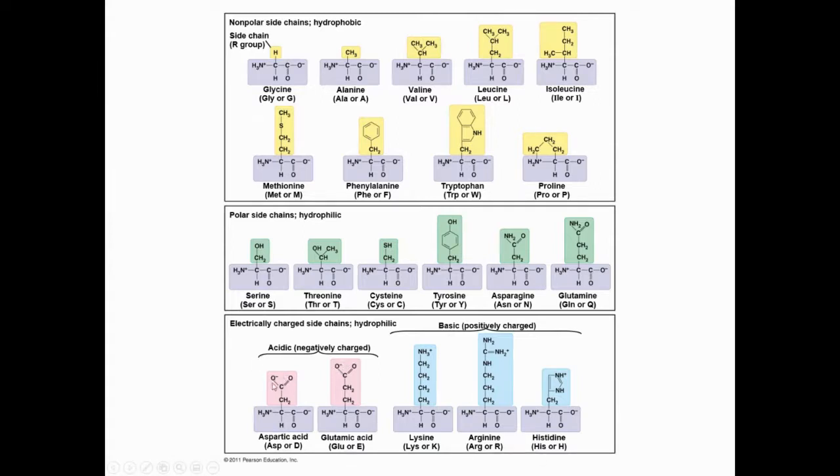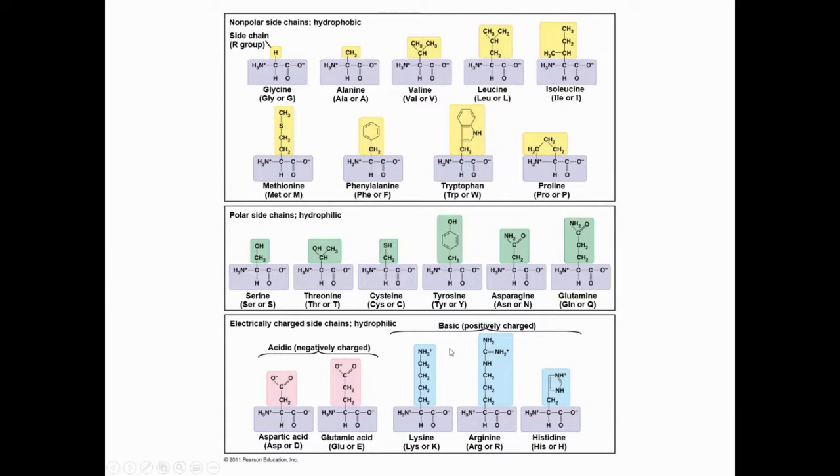Aspartic acid and glutamic acid are proton donors, they lose the hydrogen, so they are acidic amino acids. And since they lose the proton, they become negative.